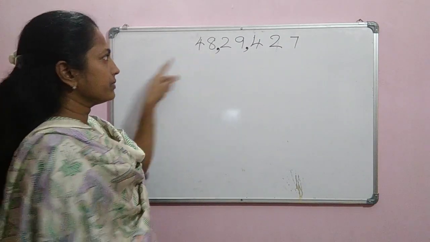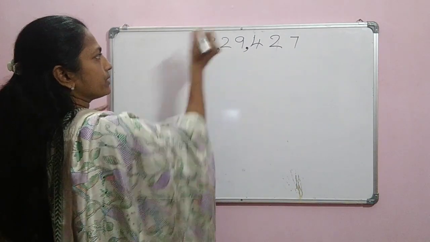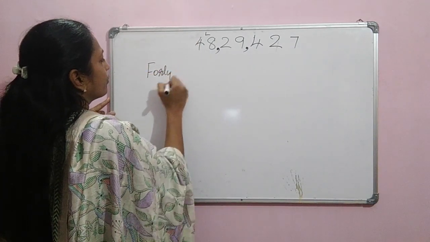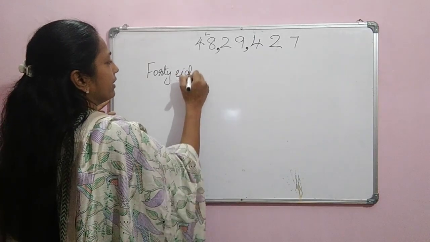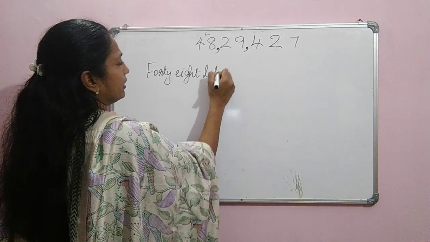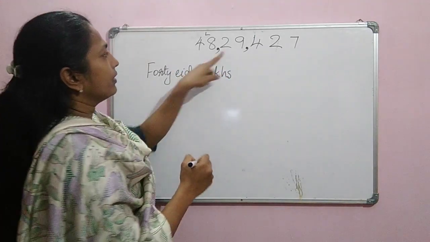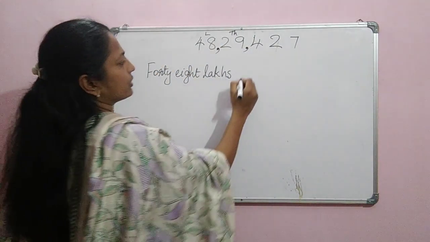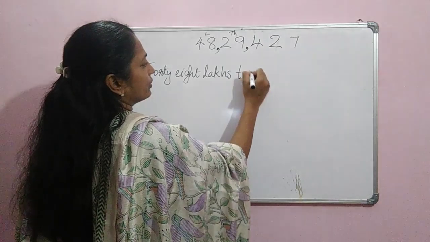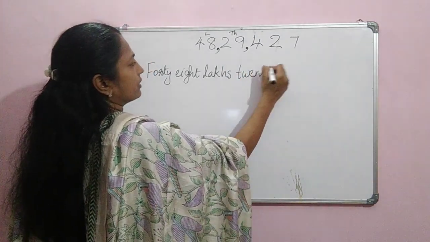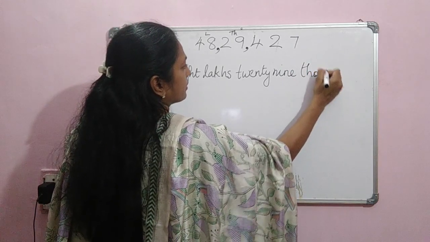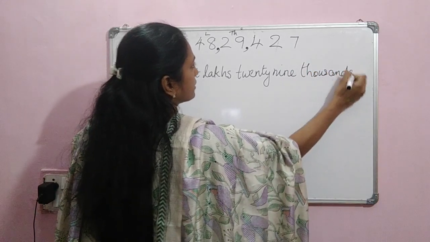This 48 comes in lakhs groups. So we have 48 lakhs. Now 29 comes in thousands groups. So 29 thousands.